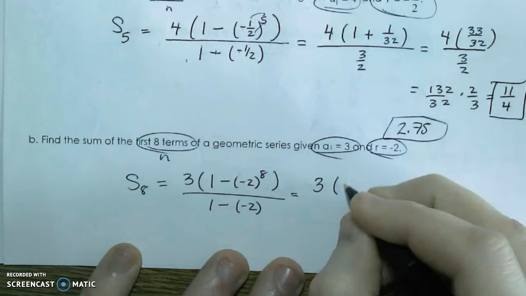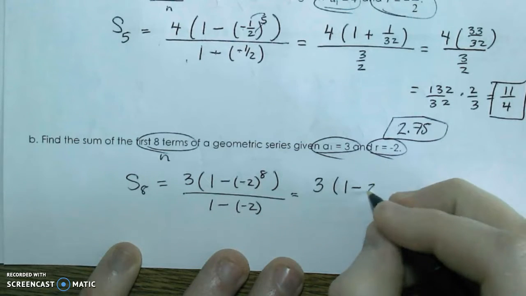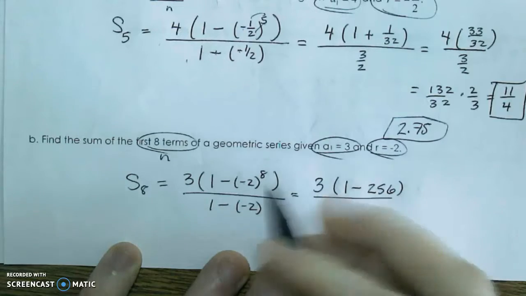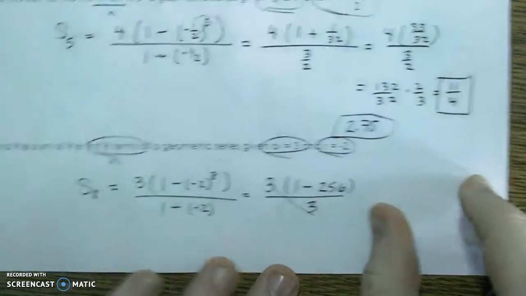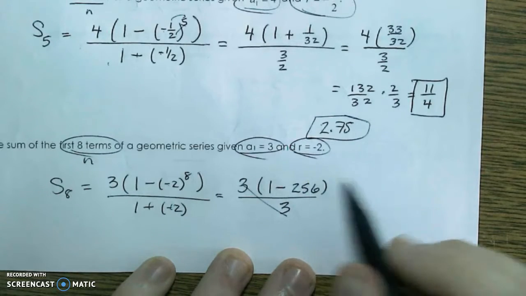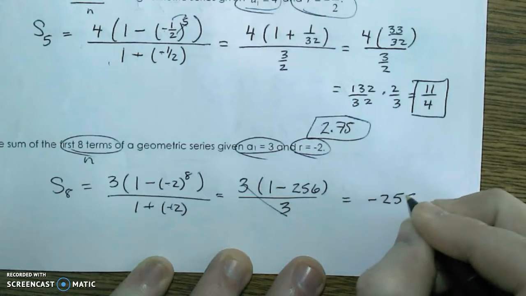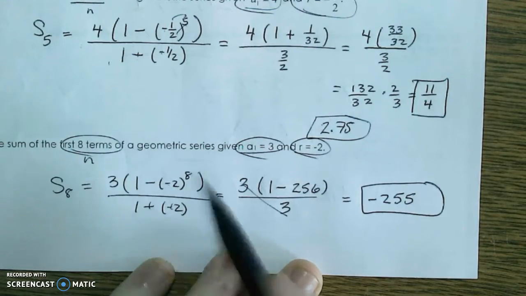The 8 is going to cancel that negative, and it's going to make it 256, but we still have that minus sign in front of it. And on the bottom, double negative changes to plus. The 3's cancel, and so I get 1 minus 256, which is negative 255. Again, I didn't need a calculator, but you could if you want to type it in right away.